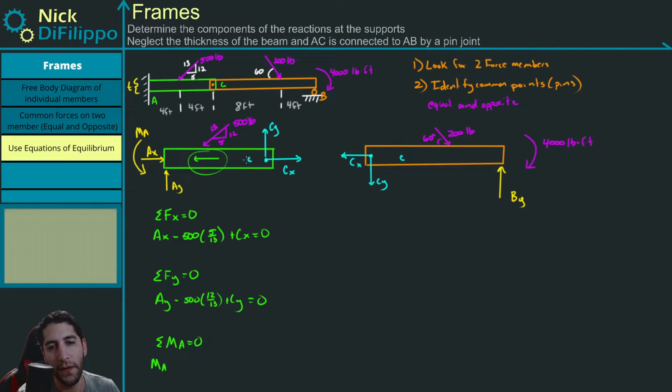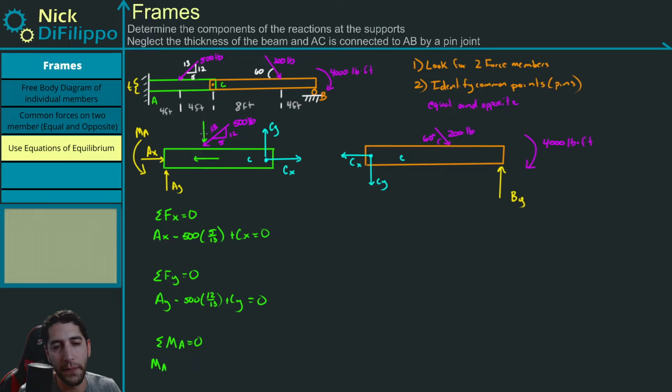The X component of the 500-pound force and this X component of CX all lie on that same line. So they all actually go through point A. So the X components are not going to exert a moment about point A. Only the Y component will. The Y component is going to be down like this.